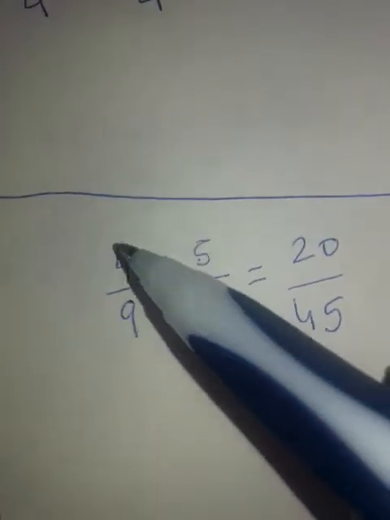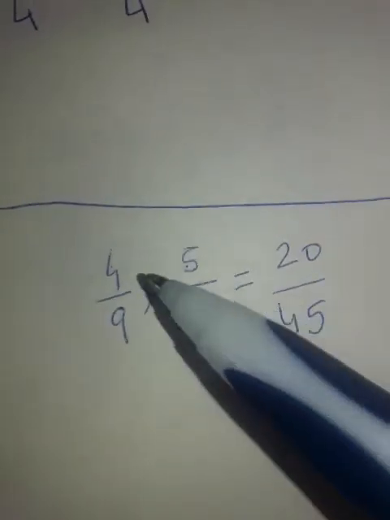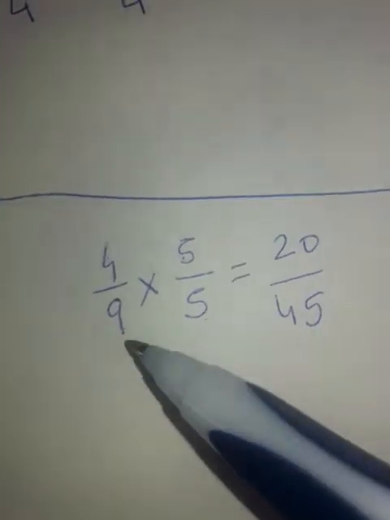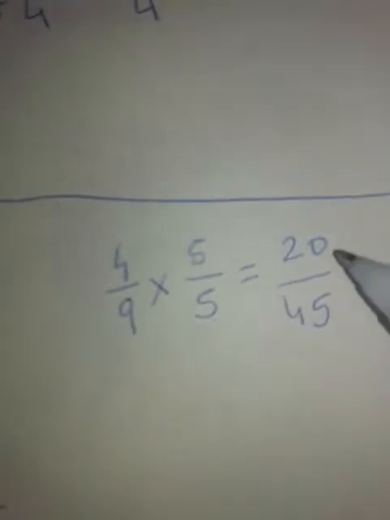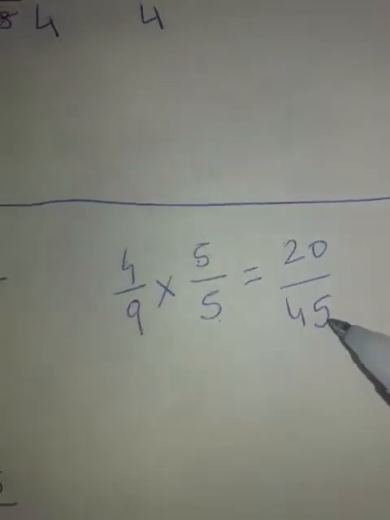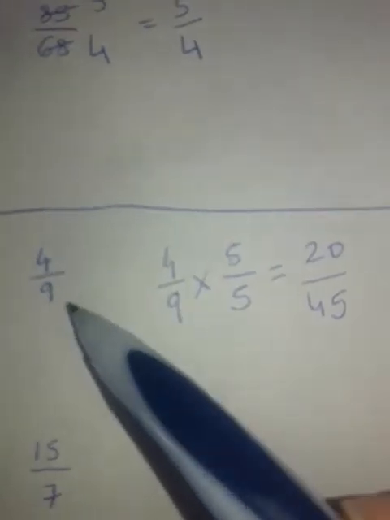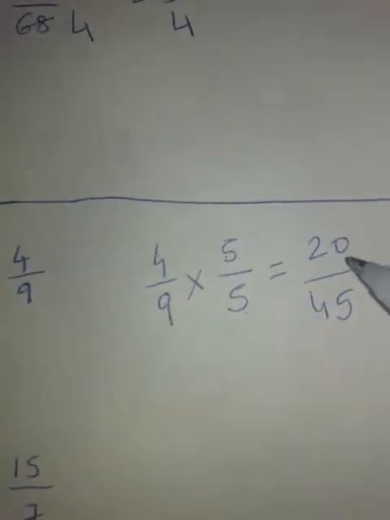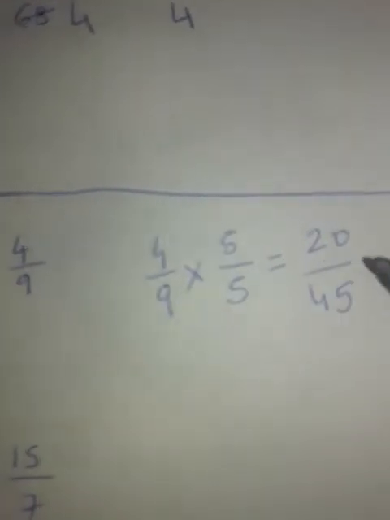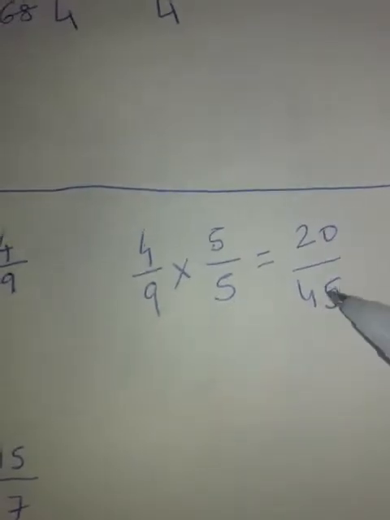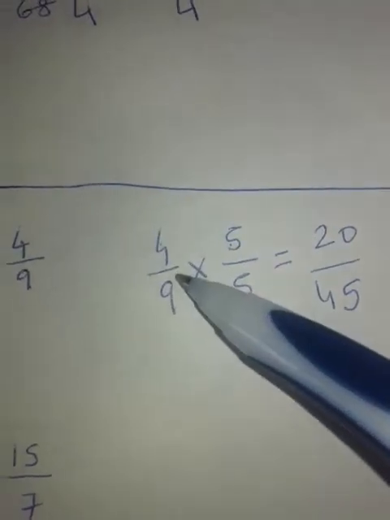So what did I do here? I multiplied this by 5 upon 5, and the product is the product of numerators upon the product of denominators. So it became 20 upon 45. So the value of 4 upon 9 is the same as 20 upon 45 and vice versa. If I divide both of them by 5, it becomes 4 upon 9.